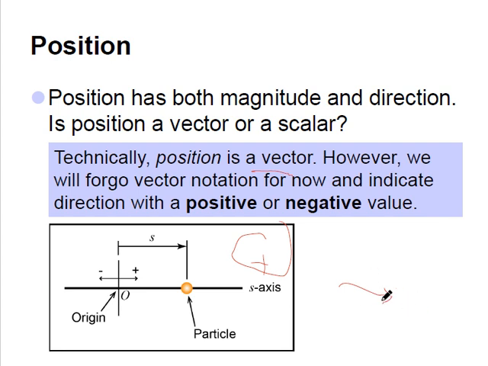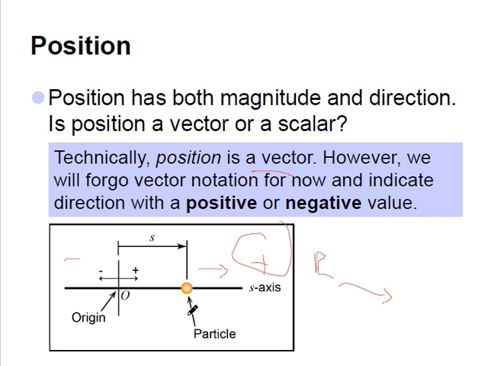So we're going to skip the arrows for now, and we're going to use the positive and negative values for your direction. So this little particle is going in the positive direction. On this s-axis, if s is positive, the particle is going to the right.